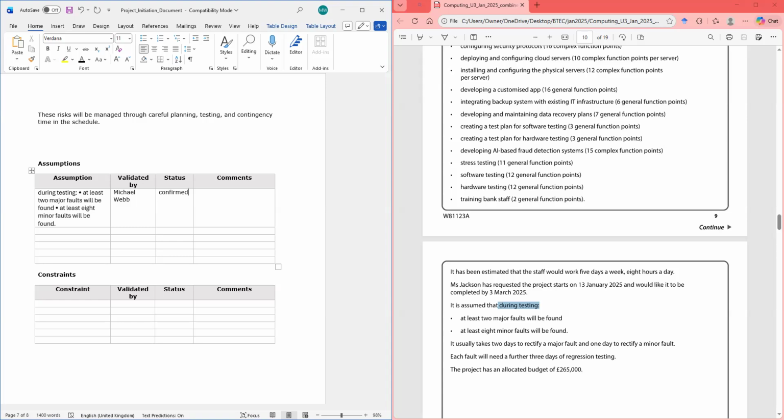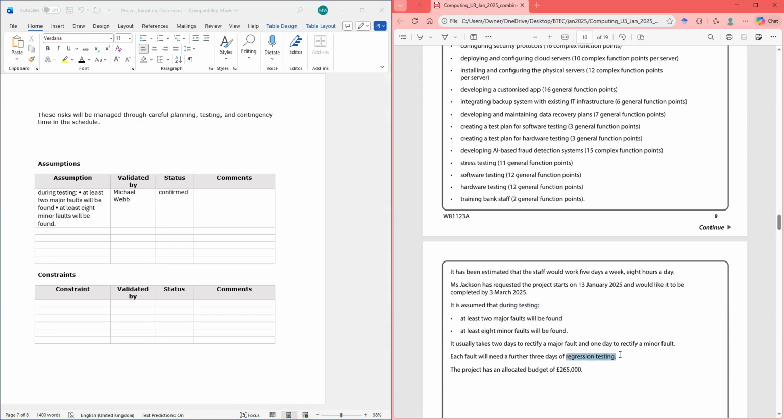A lot of people think it's a contingency plan. It's not a contingency plan. It's what you will be doing along the project so that whenever a fault comes up, the solution is there ready and waiting. So we're going to confirm it.